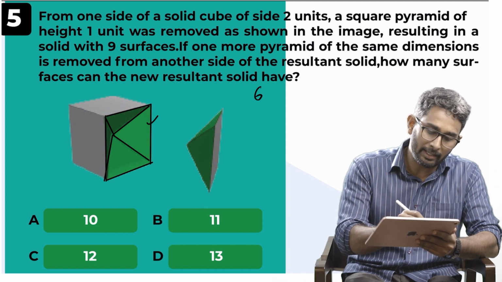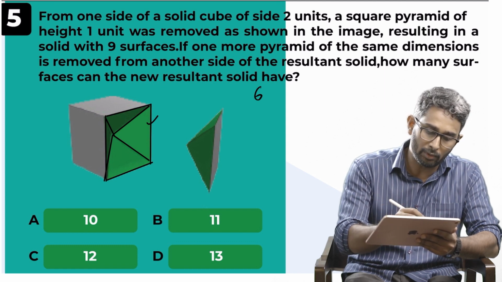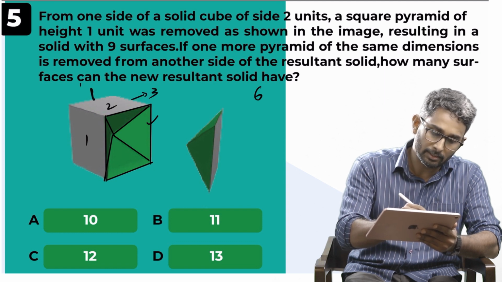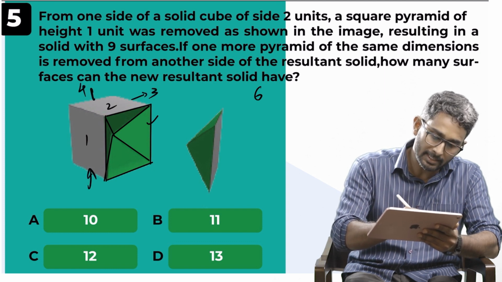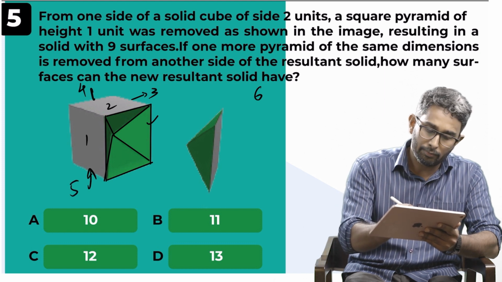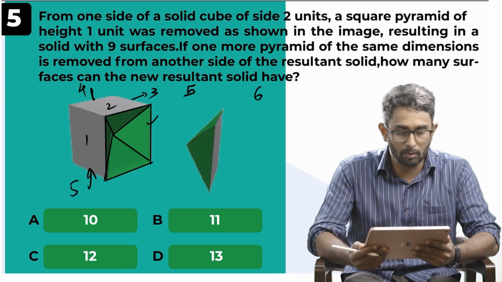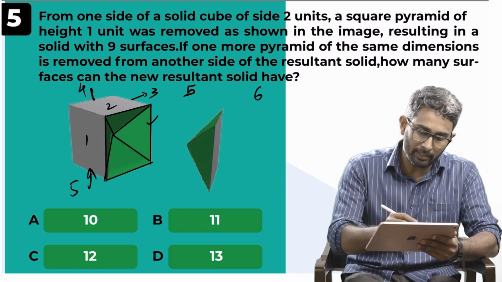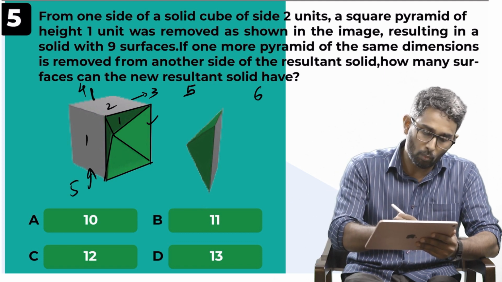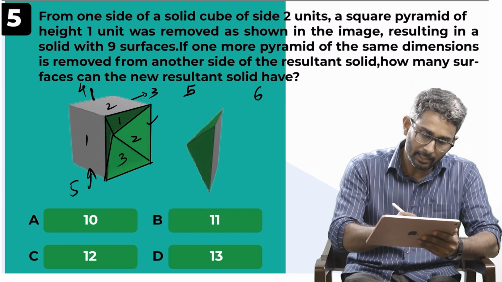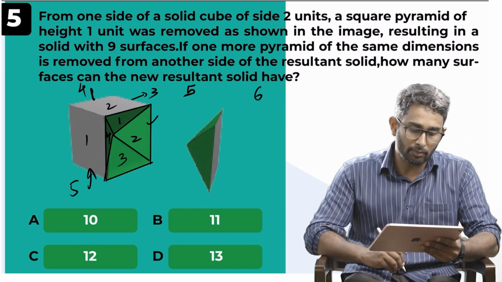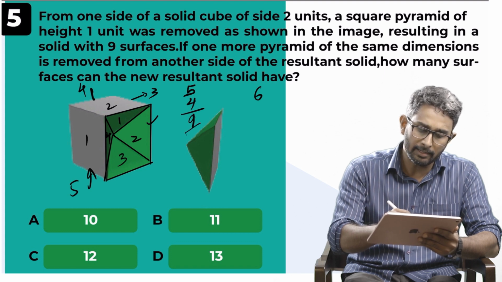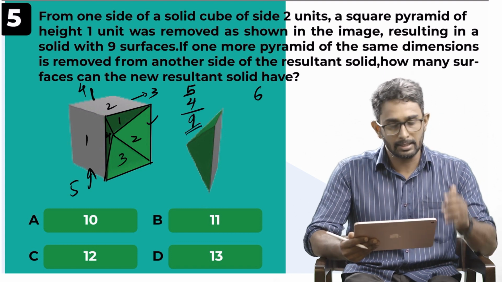So the remaining faces on a solid cube are 1, 2, this one is 3, this is 4, and the bottom surface is 5. There are 5 faces on the solid cube left. After removing, how many faces can you see? 1, 2, 3, 4. So there are 4 faces here. So 5 plus 4, there are 9 faces in the resultant solid.